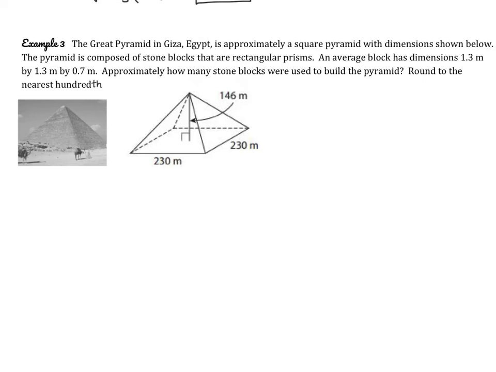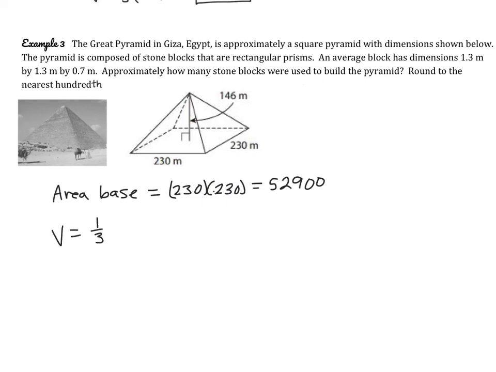So let's start by finding the volume of our pyramid. First we can find the area of the base pretty easily because it is a square. So it should be the width times the length, 230 times 230, which will be 52,900. We are also given the height of our pyramid, so we can find the volume by doing 1/3 times the area of the base times the height.